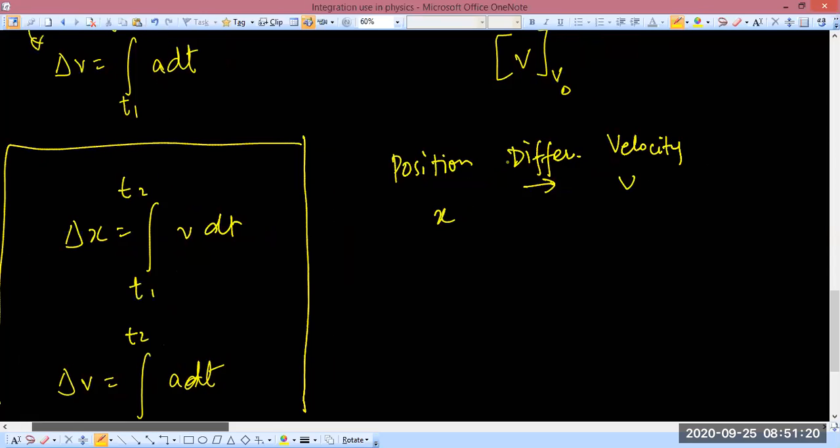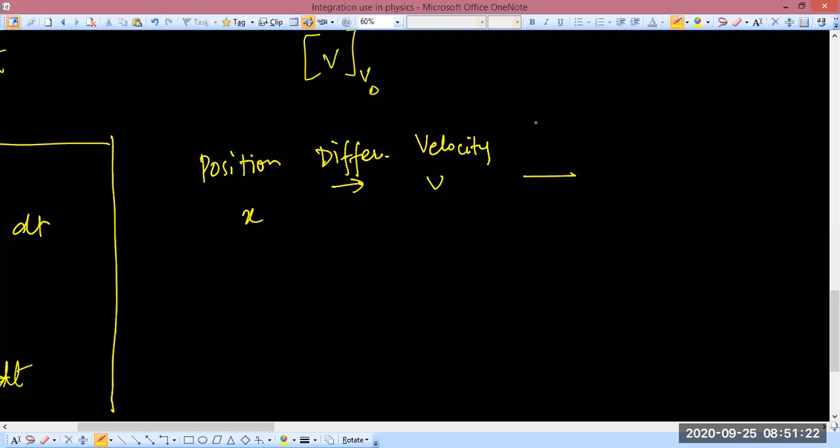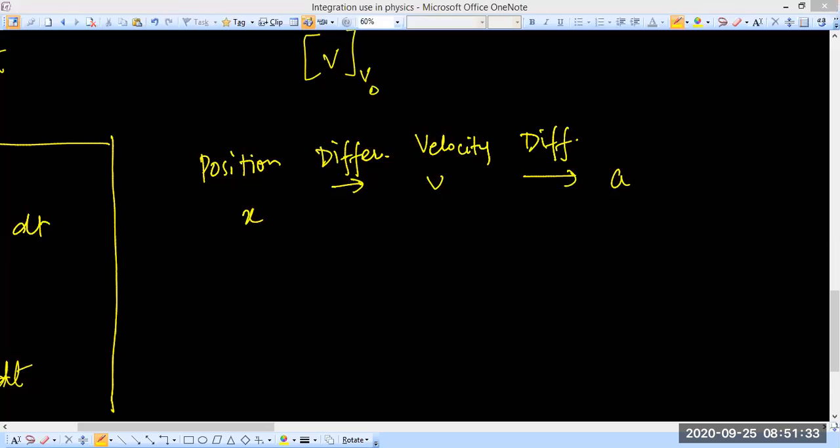Then further, if you take velocity and you do its differentiation, then you get acceleration. It's not because I know it already, so I can relate with it. When I explain the logic, you will understand this. Is this clear?